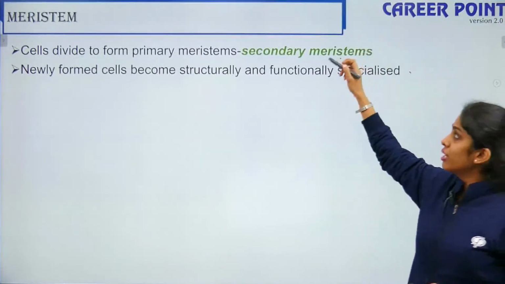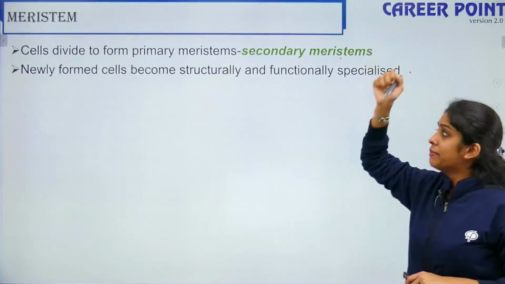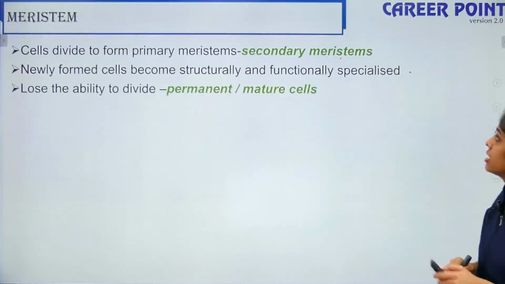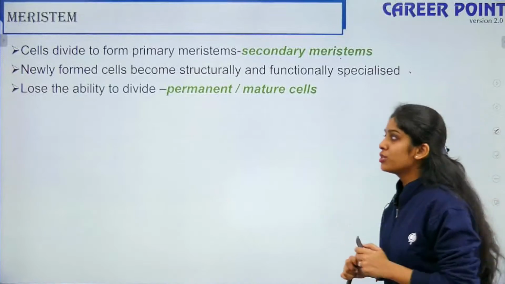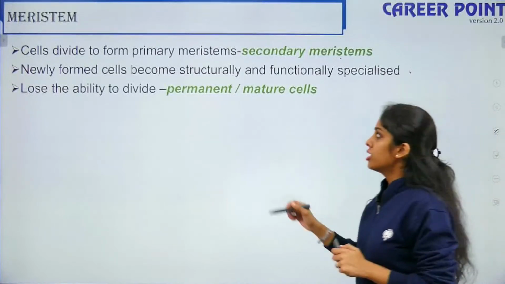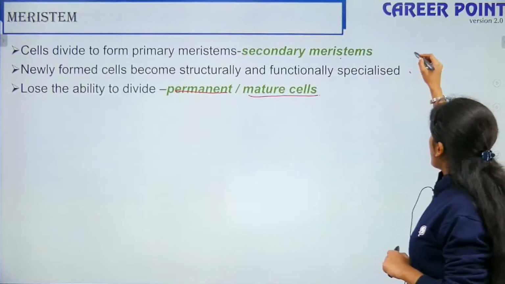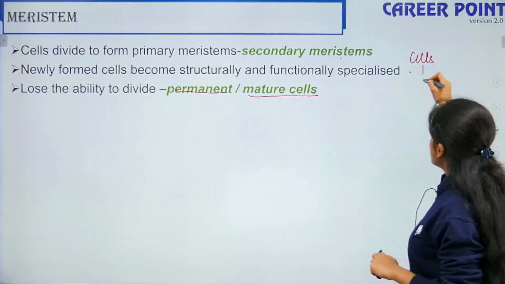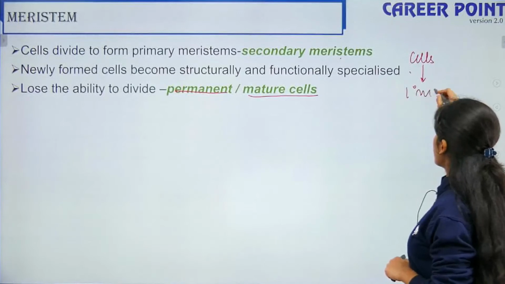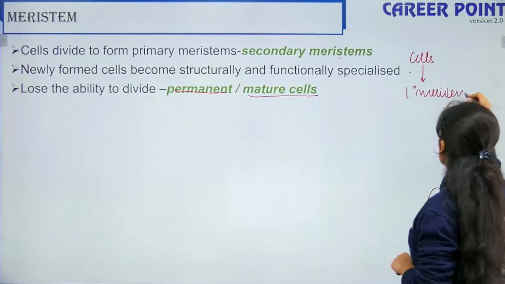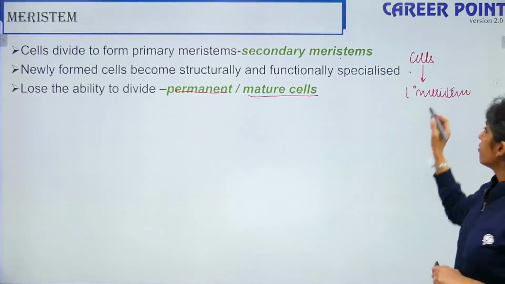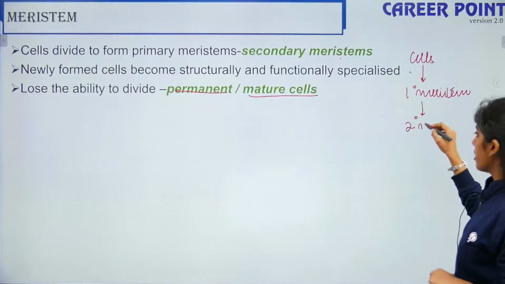Now they lose the ability to divide and are called permanent or mature cells. Initially you have a group of cells. These cells divide so that they form your primary meristem. Once they become mature, they give rise to your secondary meristem.